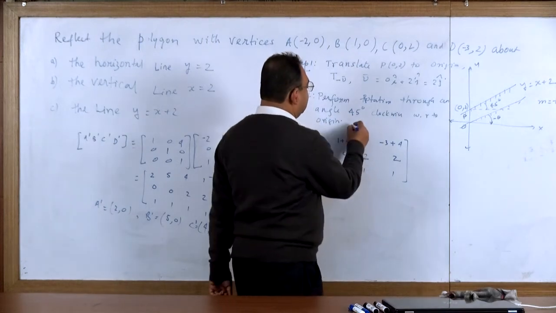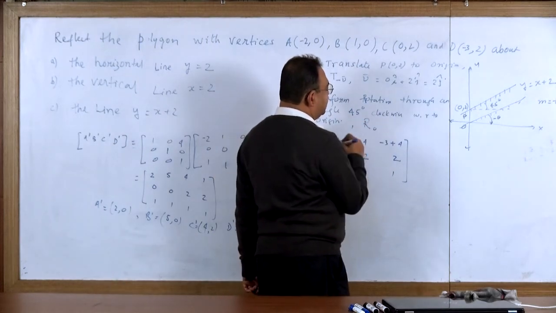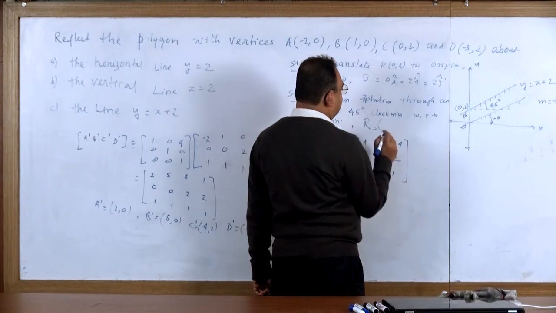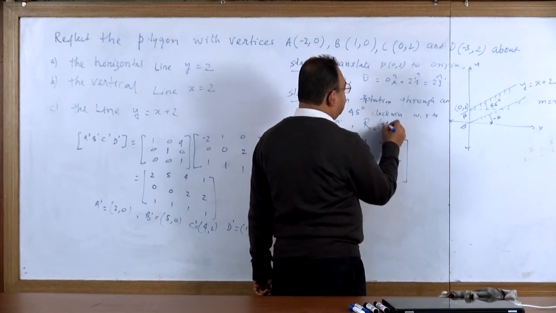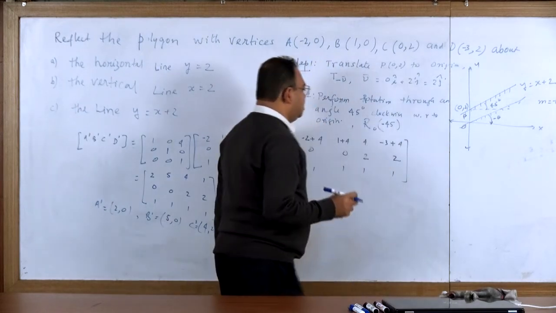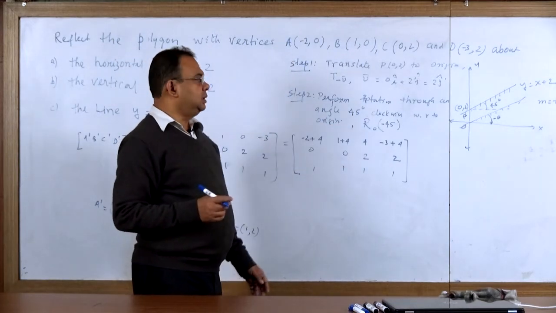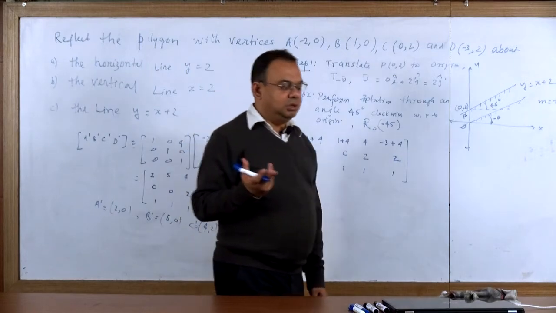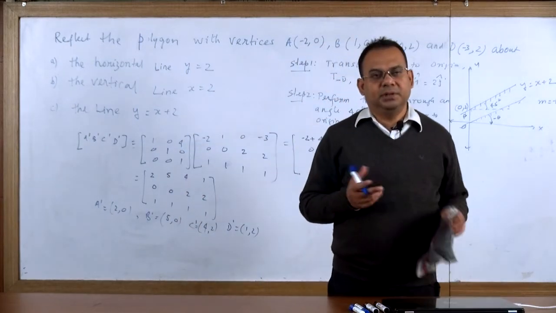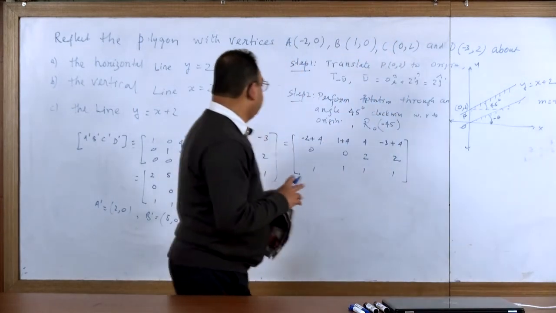Let us call this operator rotation with respect to origin through an angle 45. So, this is minus 45, because this is clockwise rotation. And we know the rotation operator. There we need to put the value of theta, which is 45.